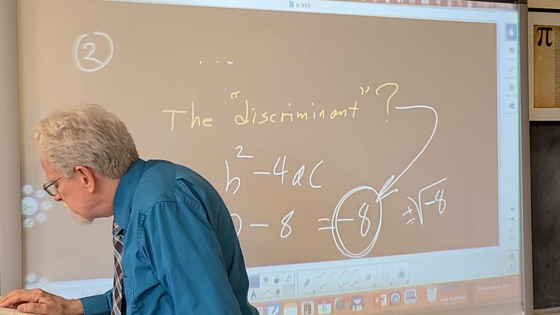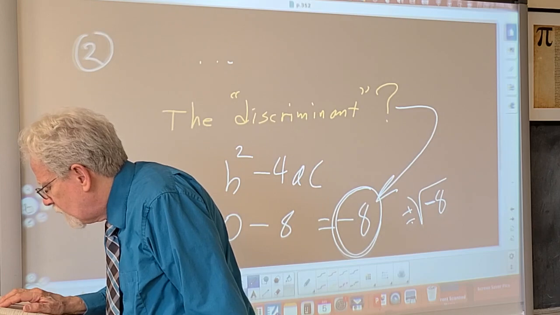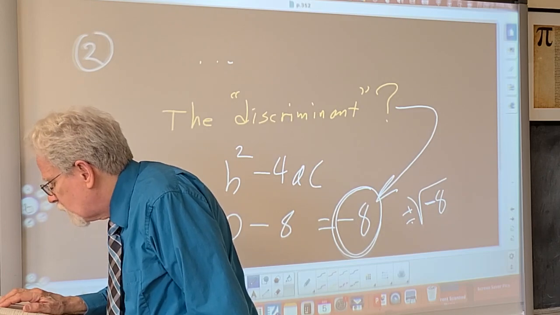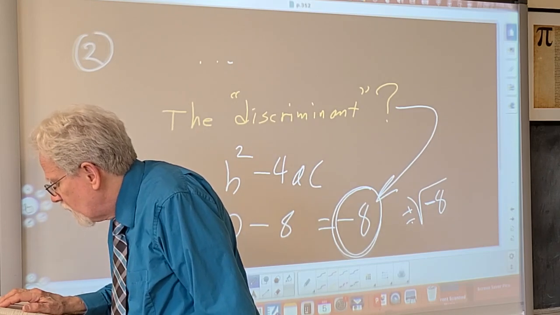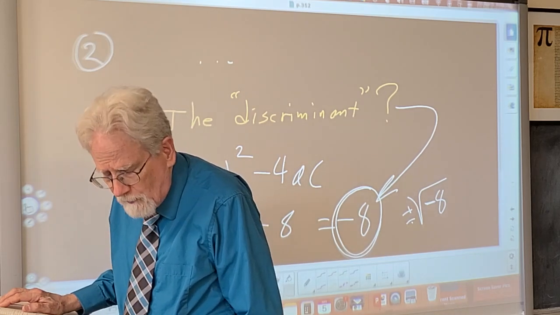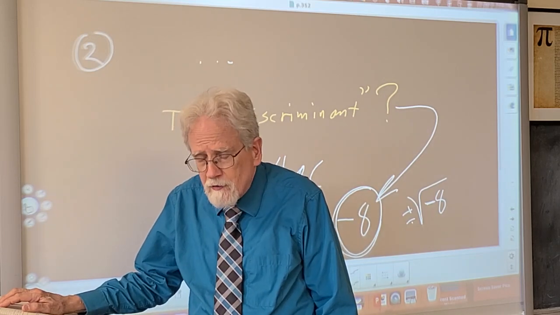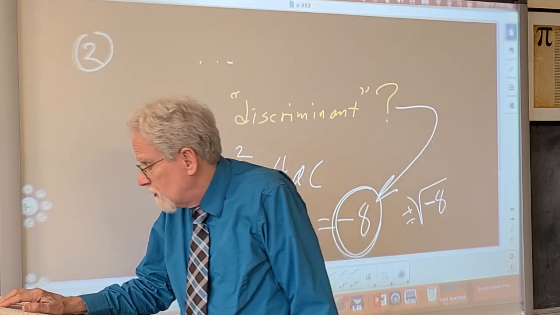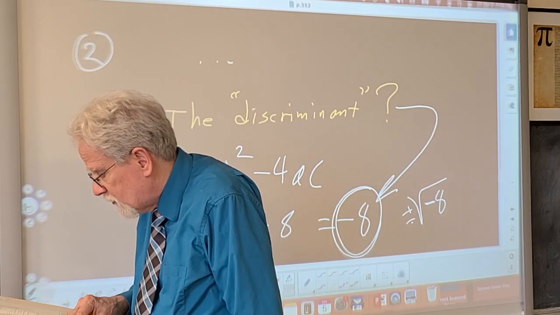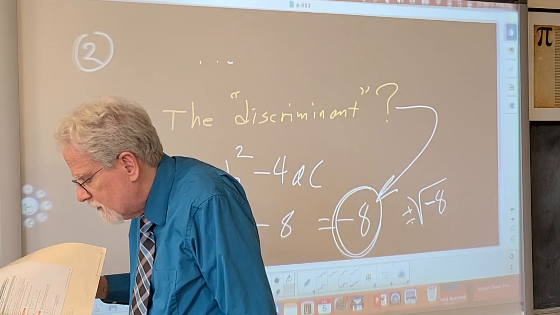Number 6, the discriminant, again there's no x term, so b is 0. This time you get a discriminant of positive 20, which means you're going to get two real roots. And they happen to be irrational, although again the book never made that distinction, but you would have two real solutions.